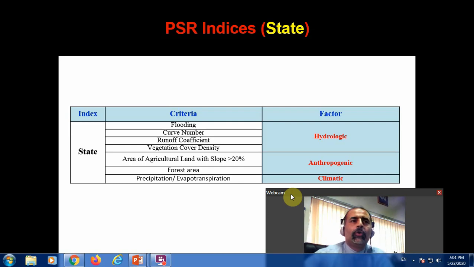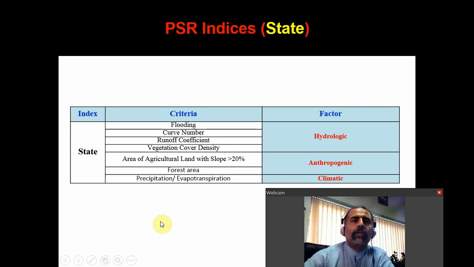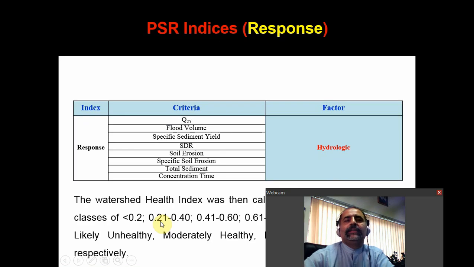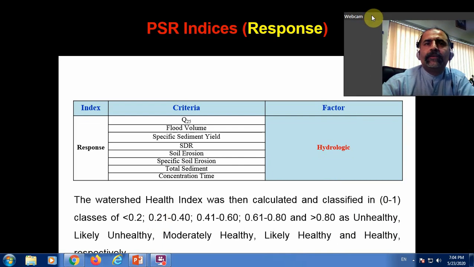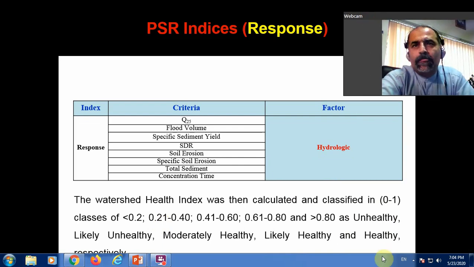And here you will see the third index, which is in fact response of the watershed. In the case of response, we have just focused on hydrologic factors, but under hydrologic factors, as you can see here, we have selected many criteria.